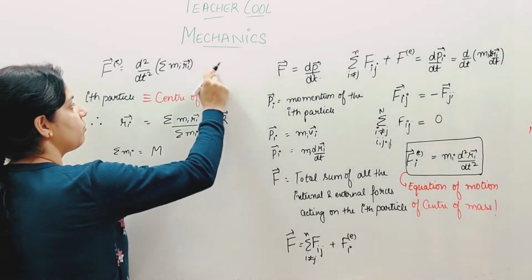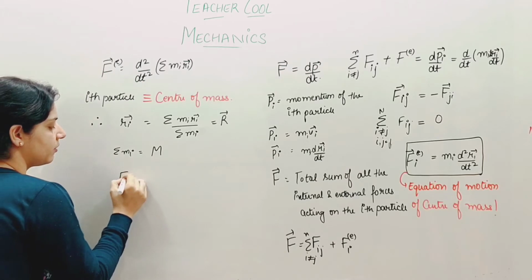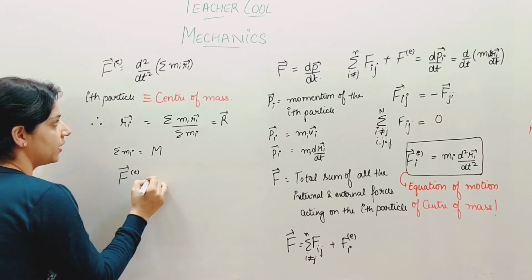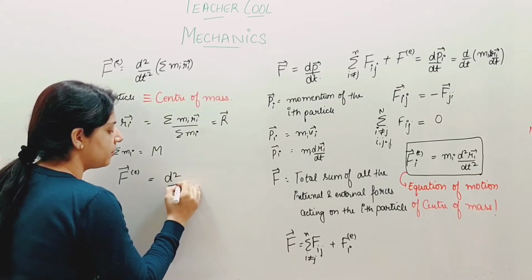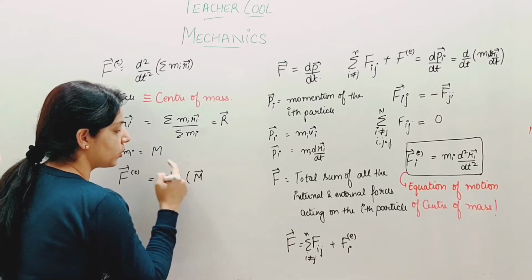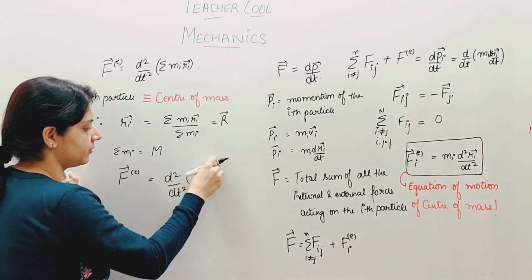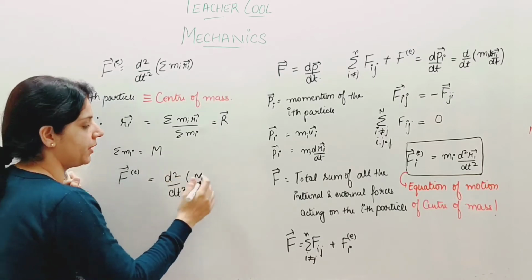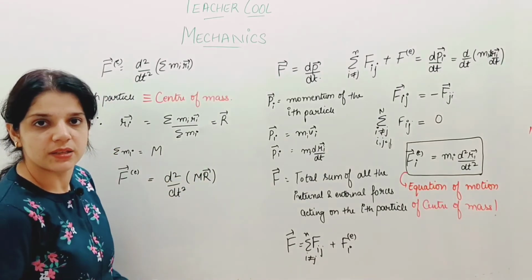So if I again put this whole thing here, I will get the force acting externally will be d square by dt square of M, the total M, into R vector of the center of mass.